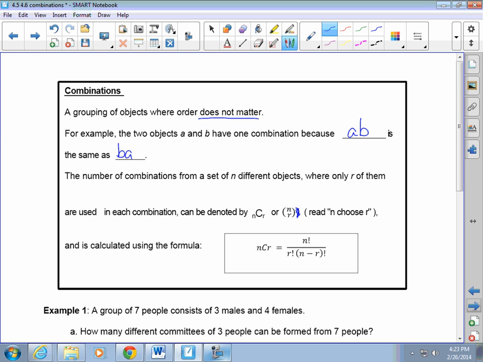There's one thing missing here: where 0 is less than or equal to r is less than or equal to n. So your r has to be at least 0, and your r has to be smaller than or equal to your n.